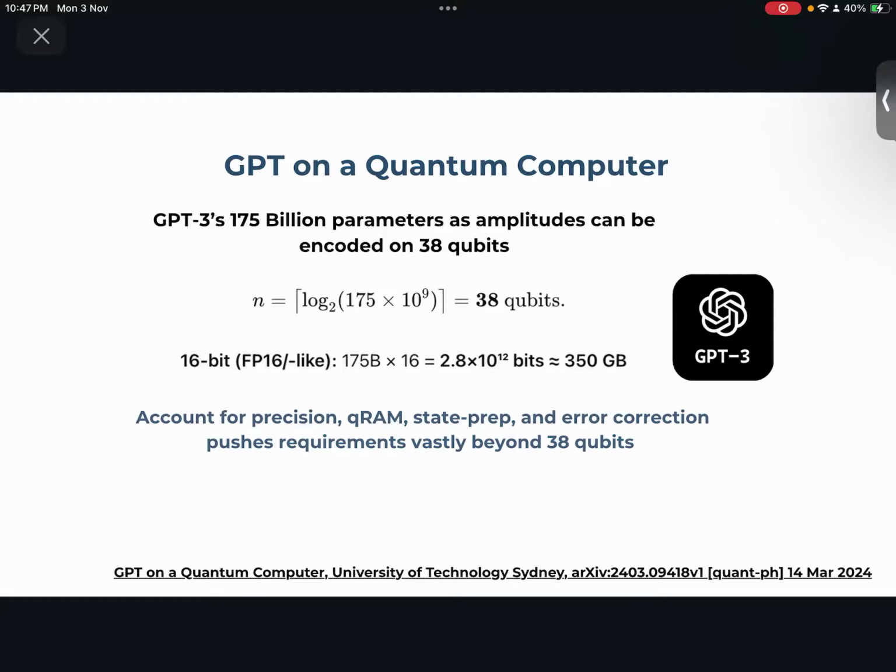So instead of encoding it in 350 gigabytes, you only need 38 qubits, theoretically speaking, because you're just calculating on the logarithmic scale. Yes. But with error correction, for one logical qubit you need many physical qubits, and vice versa.